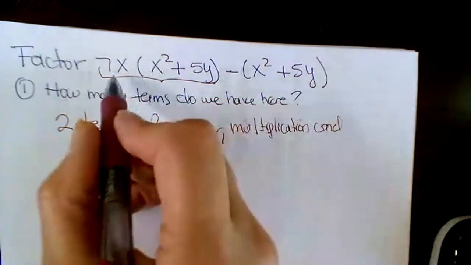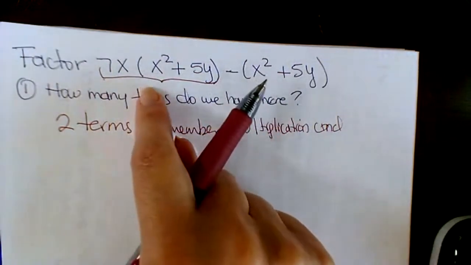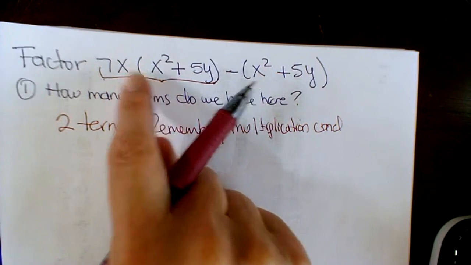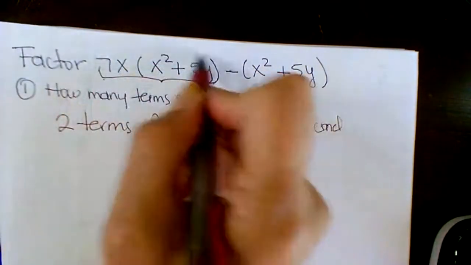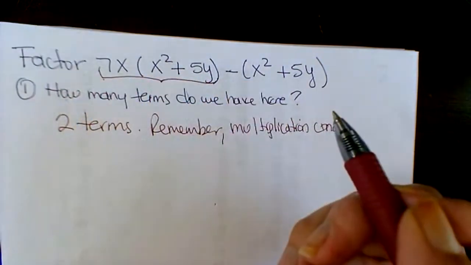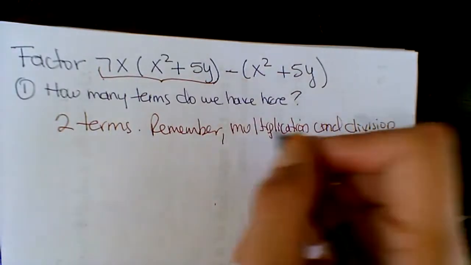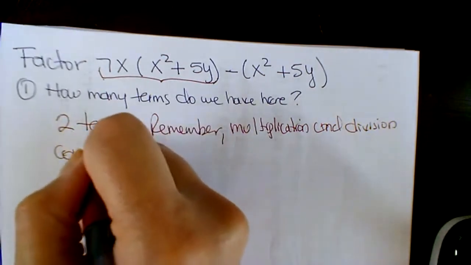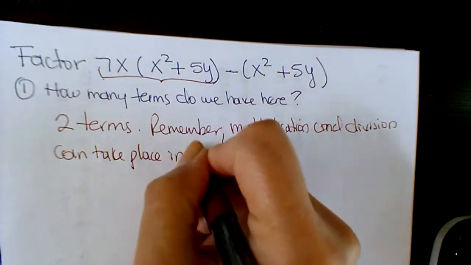No, we say this is a term because, just like I was writing down, multiplication and division can take place inside the terms. So this is a whole term because it's one thing here, this is multiplying this. So division can take place in terms.